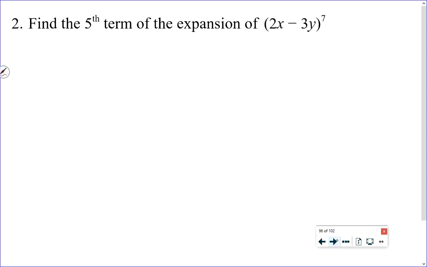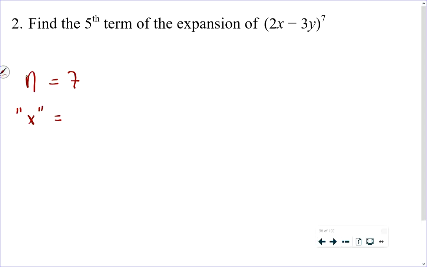Example 2, what is the 5th term of that expansion? So in this expansion, n is 7. But here's what I'm going to do now. I have to be adaptable. We've learned about expanding x plus y to the n.